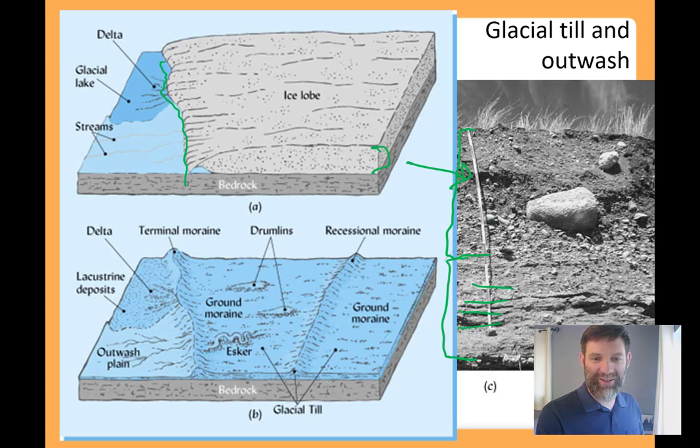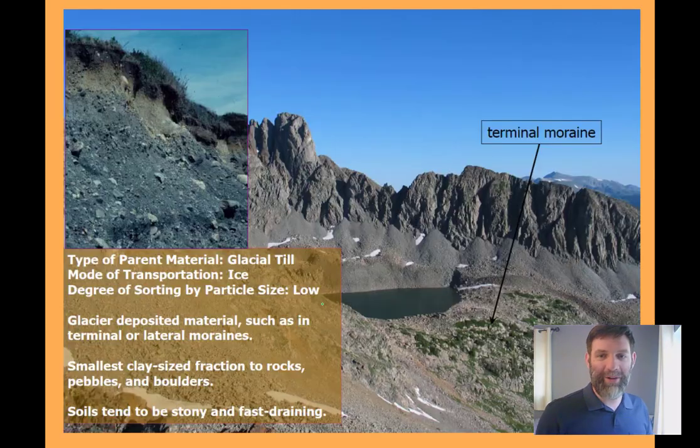There are other features, things like moraines, that are associated with the edges of glaciers, and they're basically composed of till but have some specific topographies to them. In terms of the properties, they look like glacial till. So glacial till, transported by ice, has low sorting.